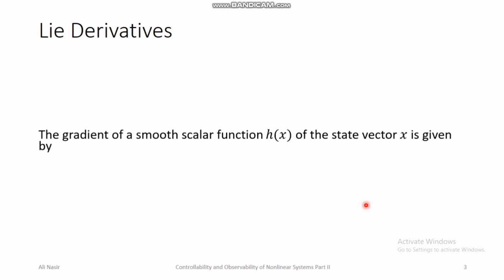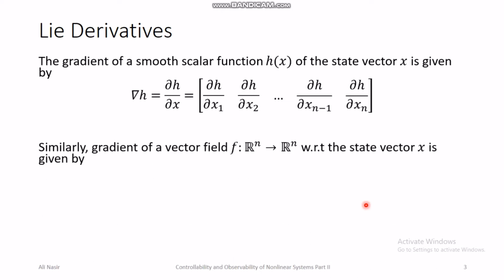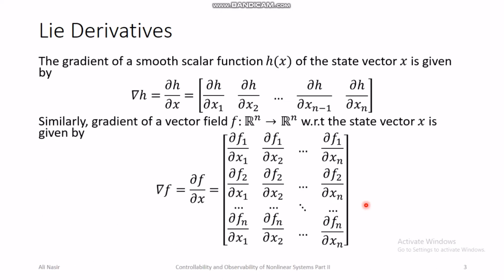And then we looked at Lie derivatives, but before that, we looked at the concept of gradient, and we looked at the gradient of a scalar function as well as the gradient of the vector fields. And we saw that the gradient of a scalar function is a vector, and the gradient of a vector field is a Jacobian matrix.